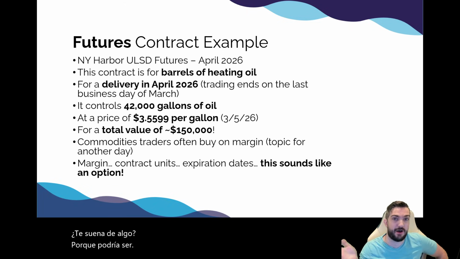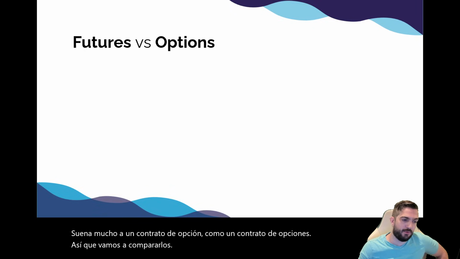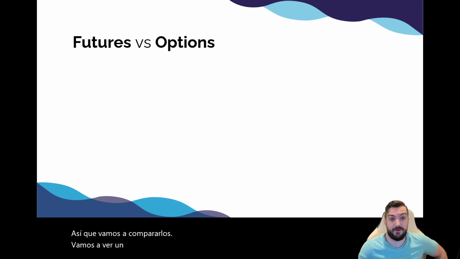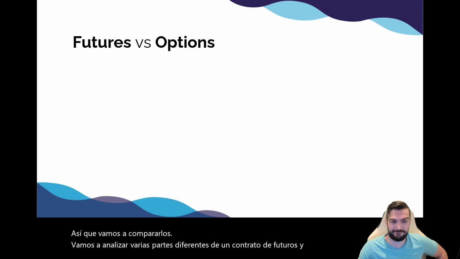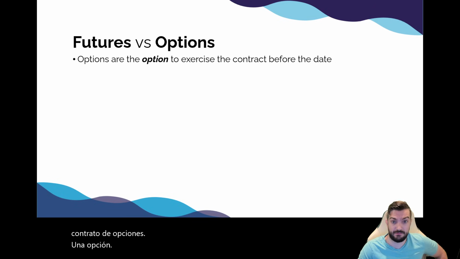Sounds a lot like an option, like an options contract. So let's compare them. We're going to look at a bunch of different parts of a futures contract and compare them to an options contract. An option would be the option to exercise that contract on or before the date.